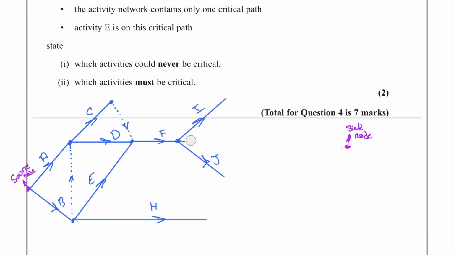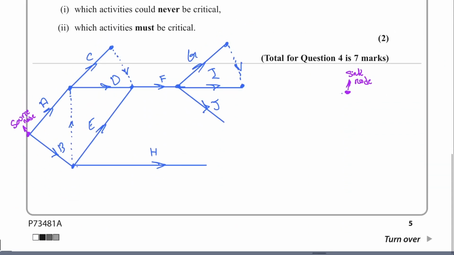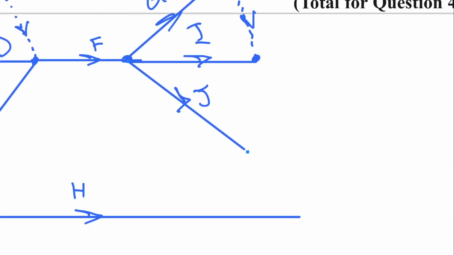So I can use the dummy activity that links between G and I. Now this one is G. And since this one is G, we can label this one as I. We can have a dummy activity coming down here. And we also have another dummy activity coming down here. Wait, J and H together, right? Yeah. So, I have an idea. We can maybe make this a little bit longer, somewhere here. And we can take J, and we can make this also longer, so these two connect.